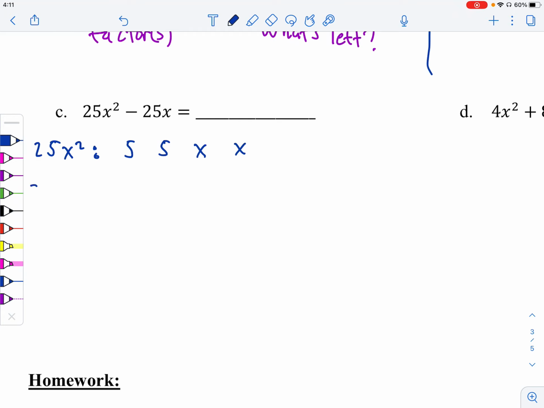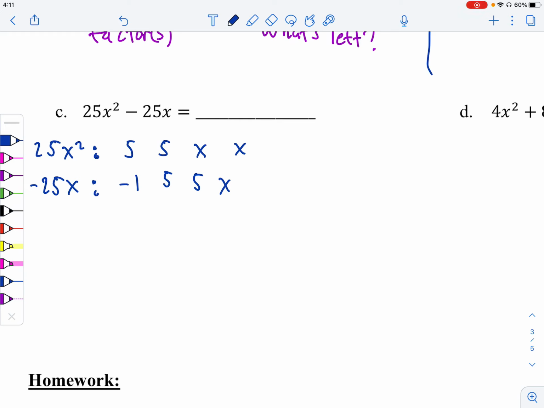Then we go negative 25x, and we can go a little bit faster. You have a negative 1, and then 25 is 5 and 5 again, and 1x. If we don't need the factor tree, we don't need to draw it out. But the factor tree does help.